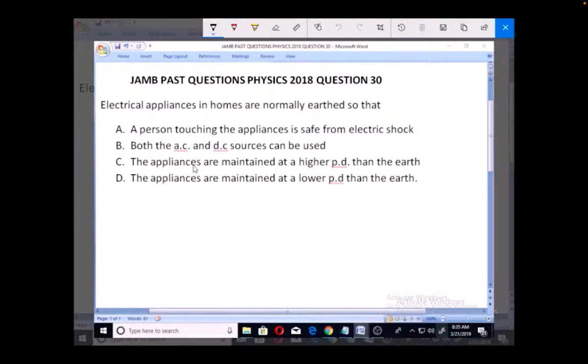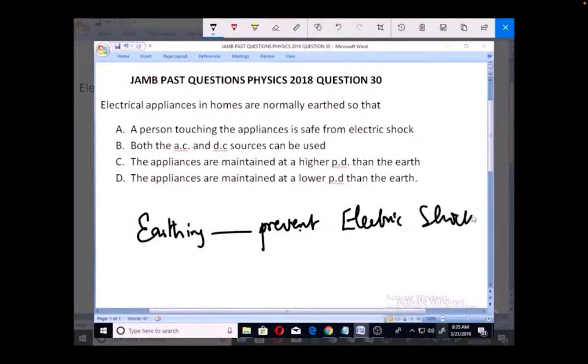Whenever you hear the word earthing, it is done in order to prevent electric shock. That is the sole essence of earthing.